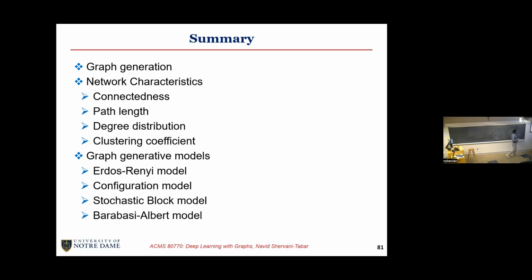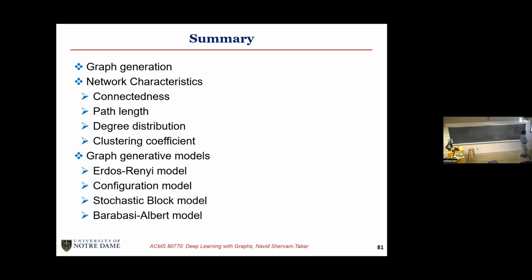Next, we looked at the models to generate these random graphs. This included the Erdős-Rényi model, which was essentially a random graph model, where you're just randomly connecting nodes. Then we have the configuration model, which is connecting nodes based on a given sequence of degrees corresponding to each node. We have the stochastic block model, which assigns each node to one of the predefined blocks, and then with a given probability, nodes of different blocks are connected to each other.